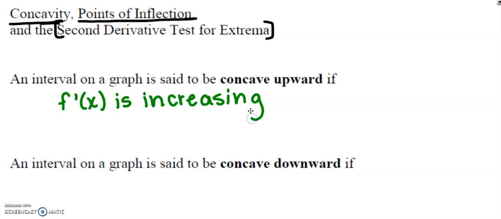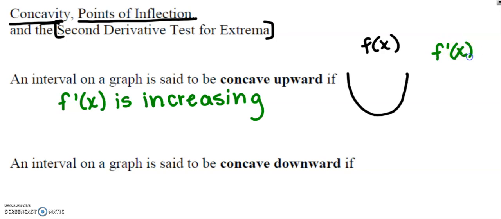So what that means is if I'm looking at the original function f of x, here's my original function f, and I try to talk about f prime. Well, if I start drawing in tangent lines, this has a really negative slope. Negative slope, less negative, 0, positive, positive, positive, whoa, positive.